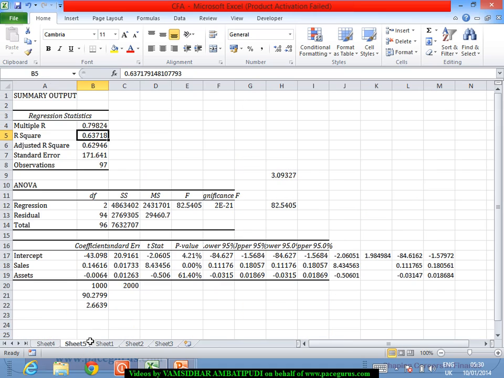So the regression sum of squares divided by the total sum of squares is the value of r squared for us. So here I could have directly looked at the regression sum of squares divided by the total sum of squares, which is 0.63718.